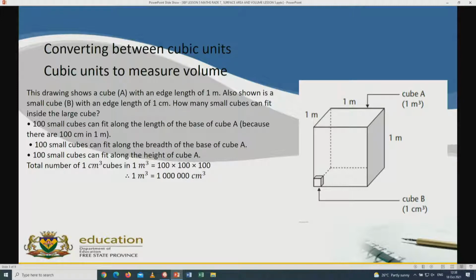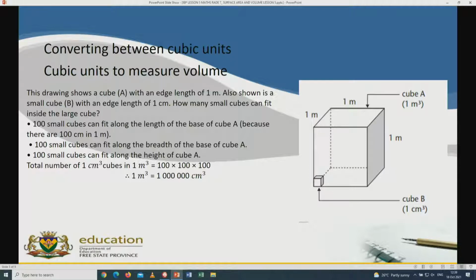This drawing shows cube A with an edge length of 1 meter, and also shown is the small cube marked B, with an edge of 1 centimeter. Can you see? We have 1 meter for the bigger one, and 1 centimeter for the small one. Good.